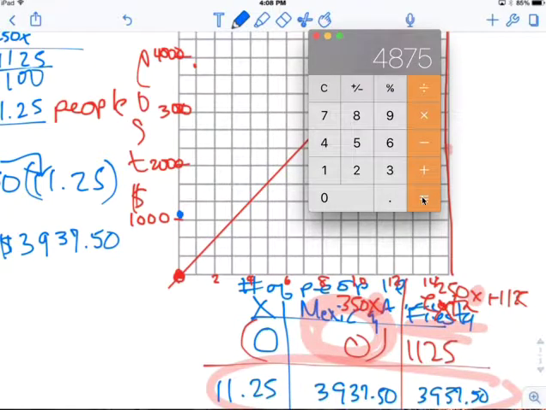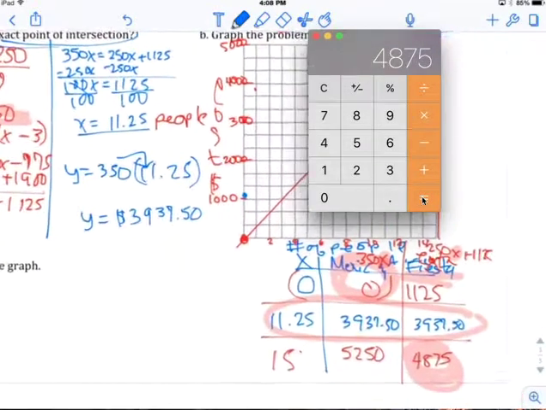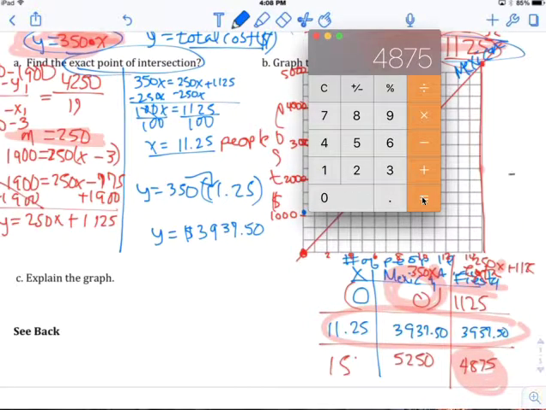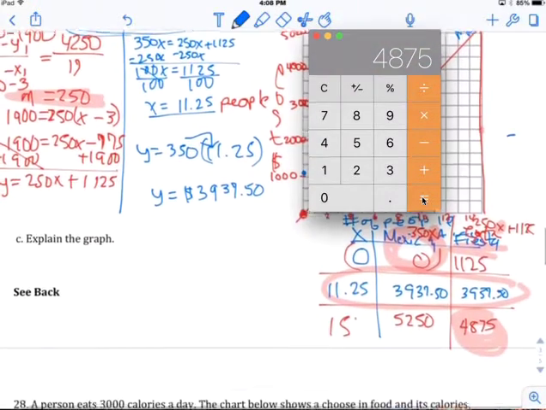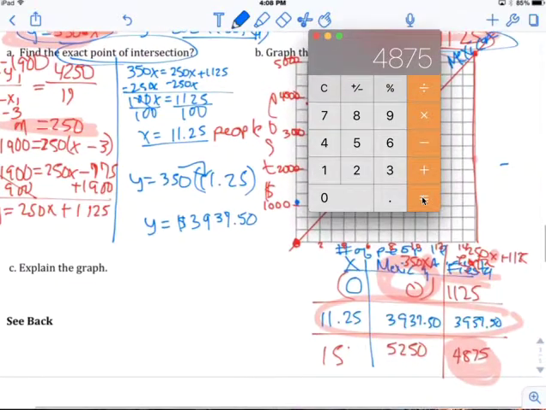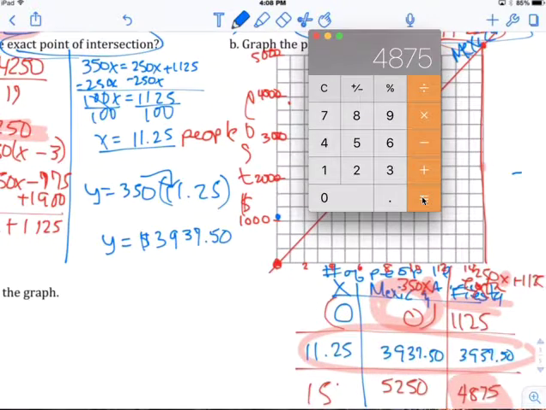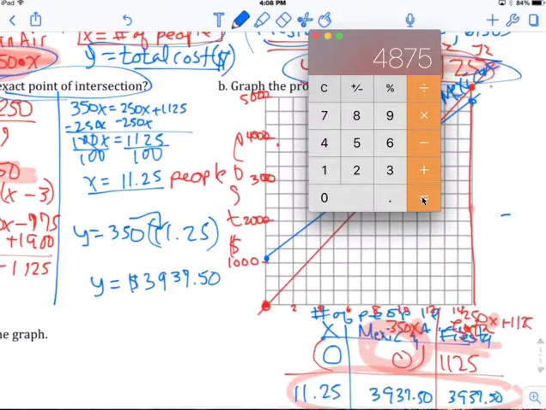It's right there then. And then 15 is 1,000. Oh, a little bit under. Somewhere there. So the line goes like that. Okay? And that's Fiesta.